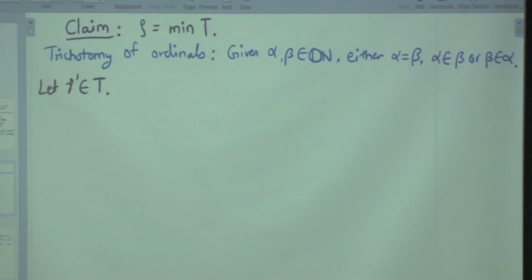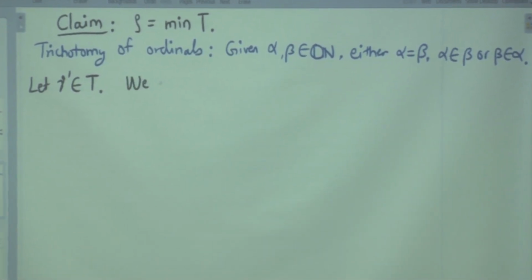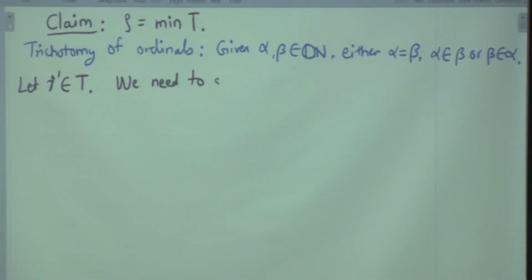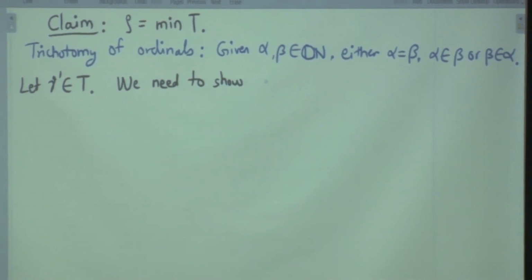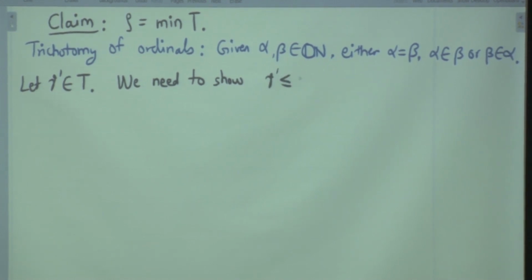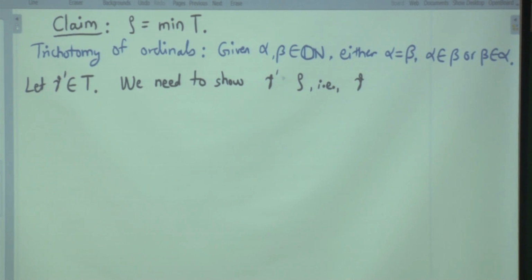That's my claim. We need to show gamma prime is greater than or equal to rho, i.e. gamma prime is equal to rho, or gamma prime contains rho as an element, right? So that's the only thing we can show.